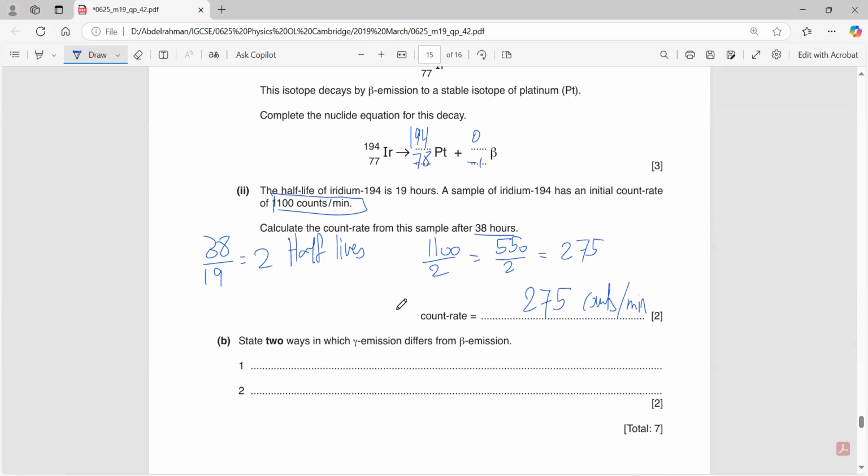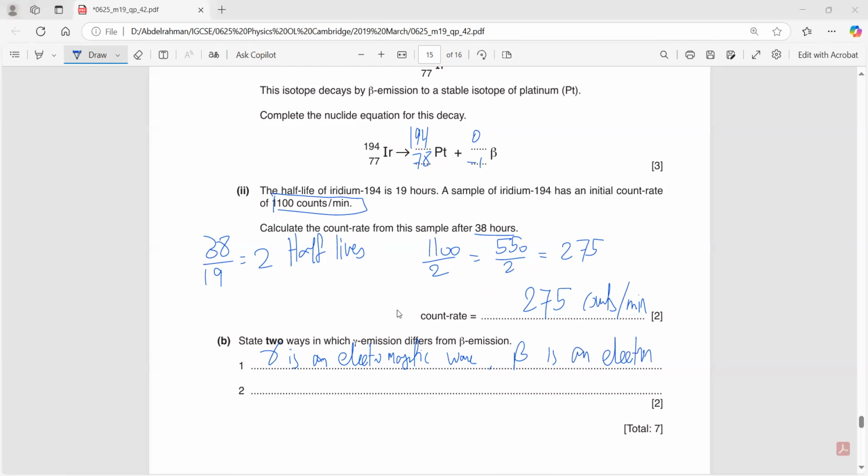State 2 ways in which gamma radiation differs from beta emission. That's simple. Gamma radiation is an electromagnetic wave, while beta is an electron. You can say that gamma has no mass.